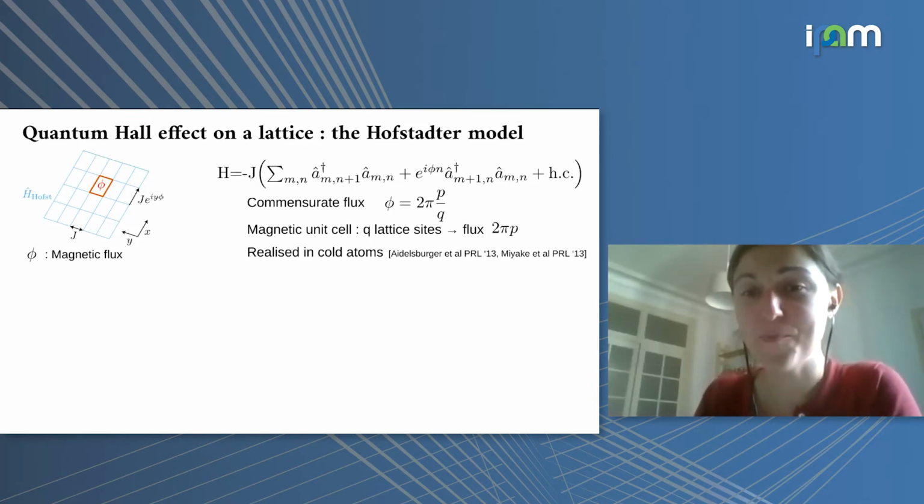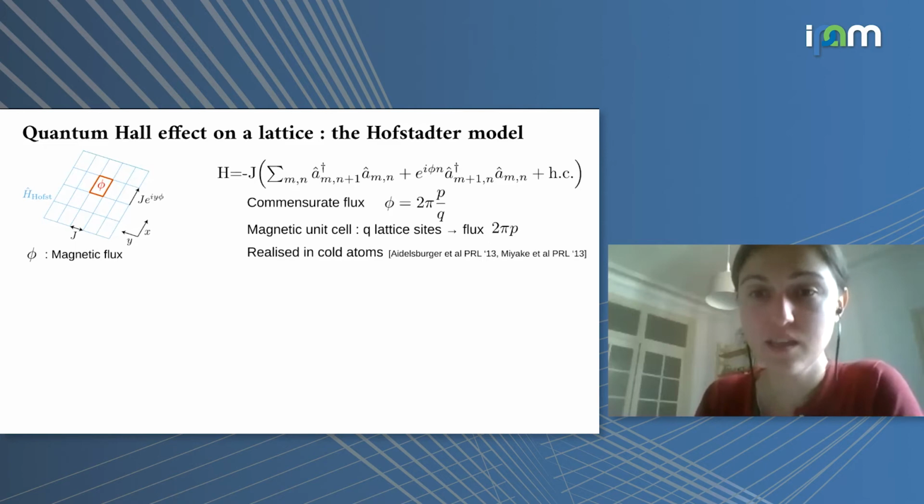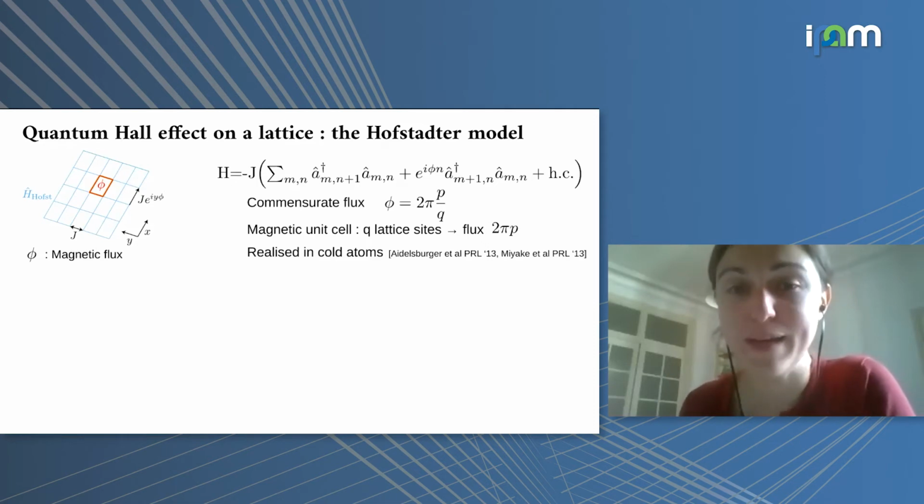So it will enclose q lattice sites, and that will have an integer flux 2π times q, meaning that it will have q bands. It will be a band model with q bands.